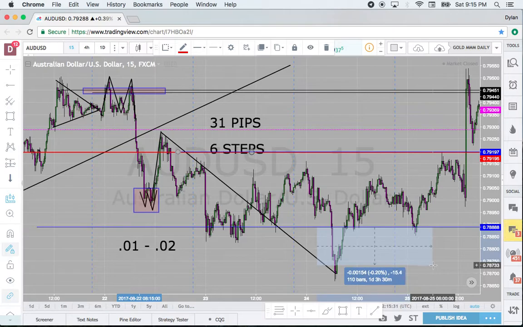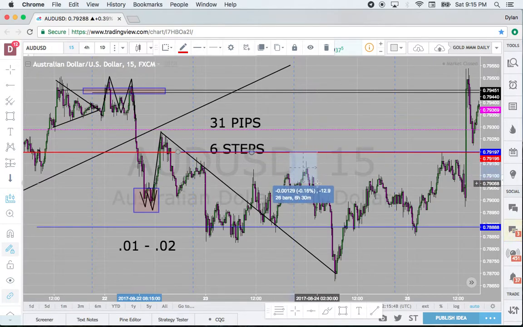So let's say 18. 18 pips, that would be 3 6-pip step increments. My goodness, this is so confusing sometimes. So, it would have moved down 18 pips.